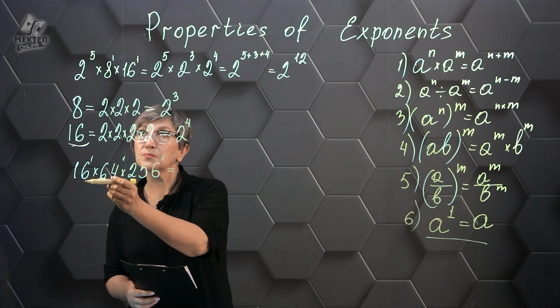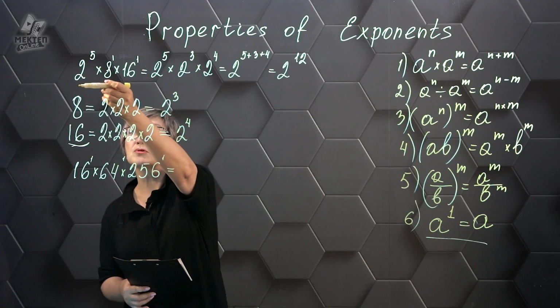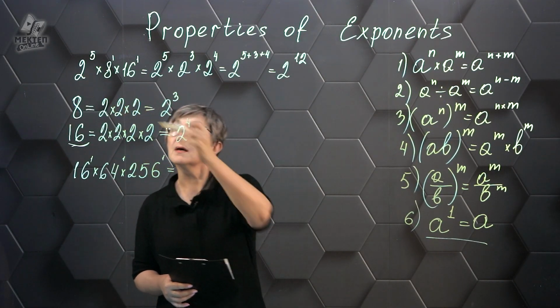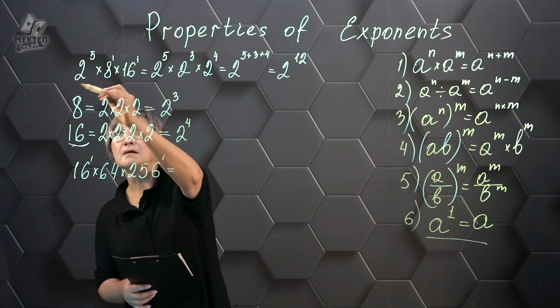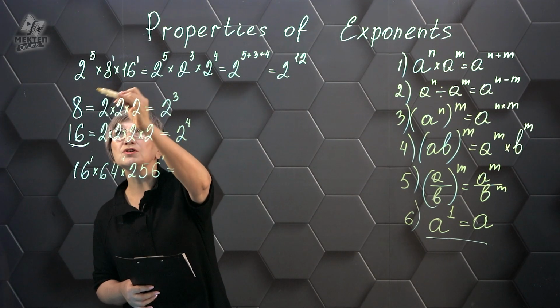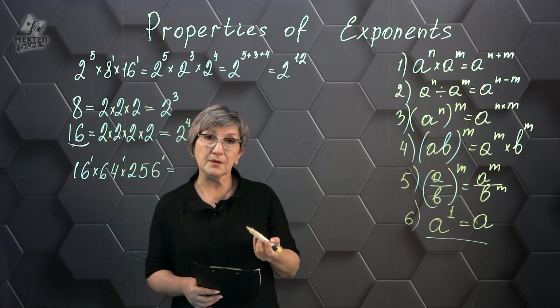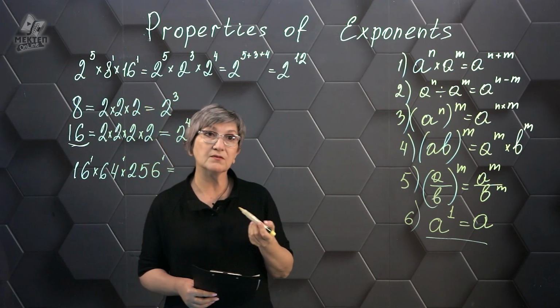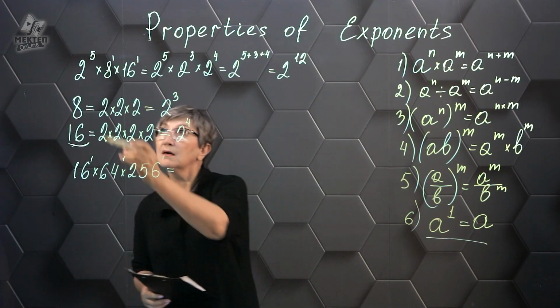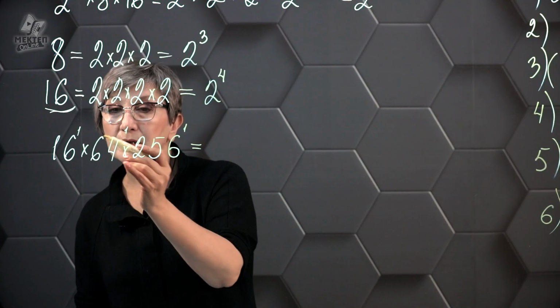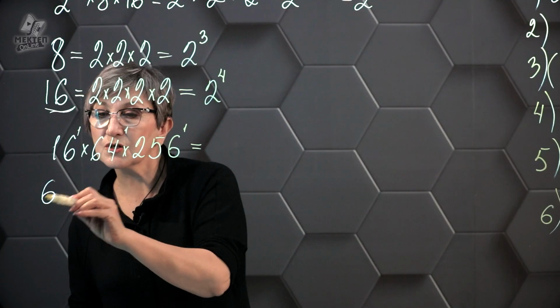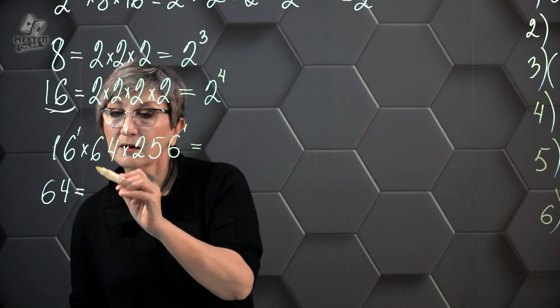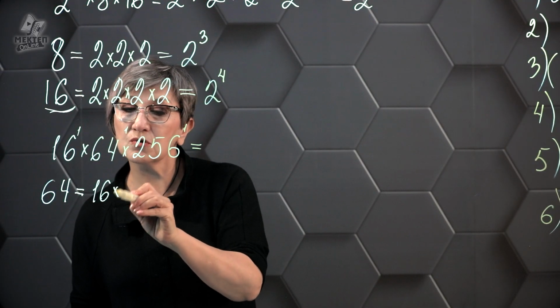Let's try to use the algorithm that we used in the first example. In the first example, we represented the number 8 as 2 to some degree, and we calculated that 8 is 2 to the 3rd degree. So then, in our second example, let's try to write 64 equals 16 times 16.